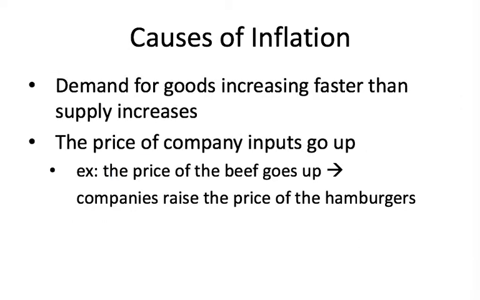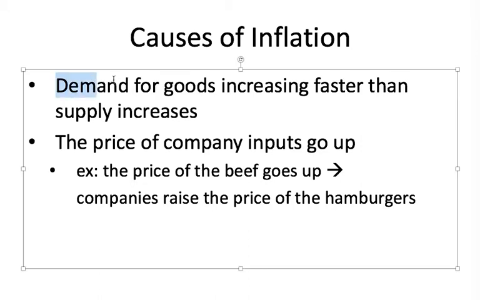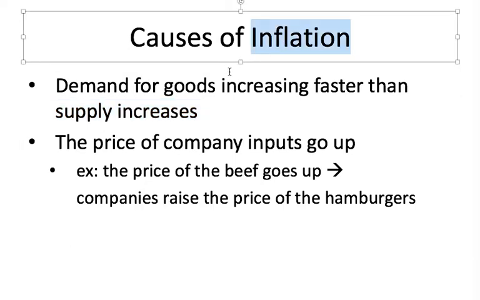Okay, other causes of inflation. If the demand for goods increases faster than the supply increases. Demand means how much people want something. Supply is how much stuff there is out there to buy. So if people suddenly want something, and that goes up really fast, faster than the factories can produce that thing, that will cause inflation.